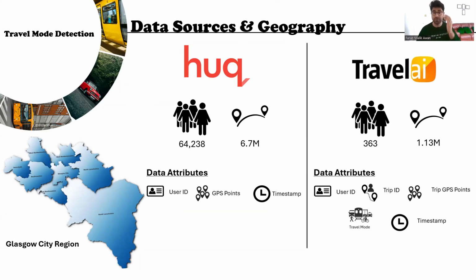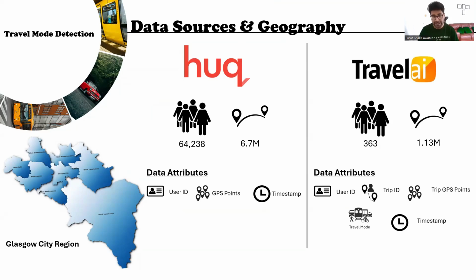Some of the major attributes in this data set were, again, de-identified user ID, trip ID, GPS points generated during all those trips, against each GPS point the timestamp, and the travel mode that was used in order to make any particular trip.